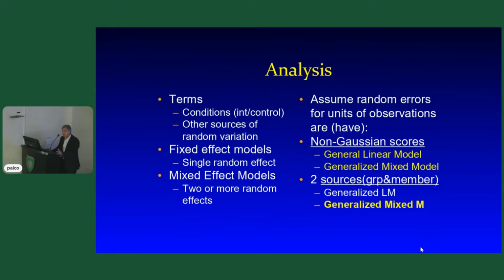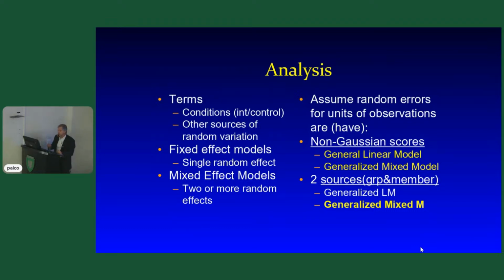Fixed effects, single random effects also are used. Mixed effect is when you have both. We use mixed effect because you have real effect like single fixed effect factors, and we have random effect given the site, each site was selected as a random effect. So you have all those non-Gaussian scores, general linear model, generalized.